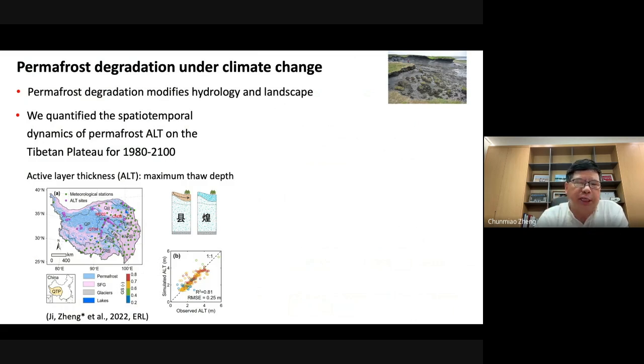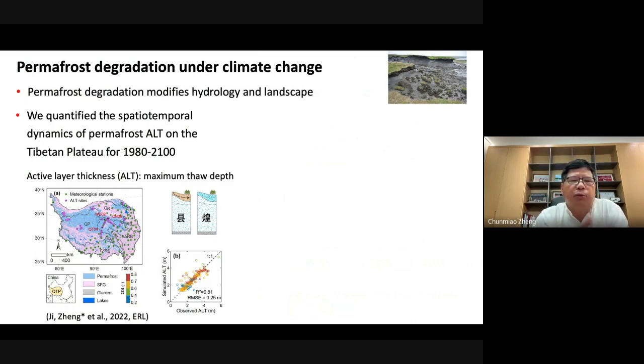In our study, for a couple of papers in Environmental Research Letters, we quantify the spatial temporal dynamics of permafrost active layer thickness, so-called ALT, which is basically the maximum thawing depth from the land surface down.